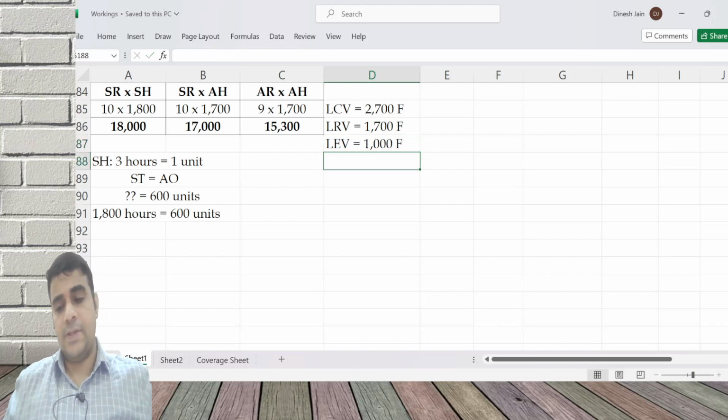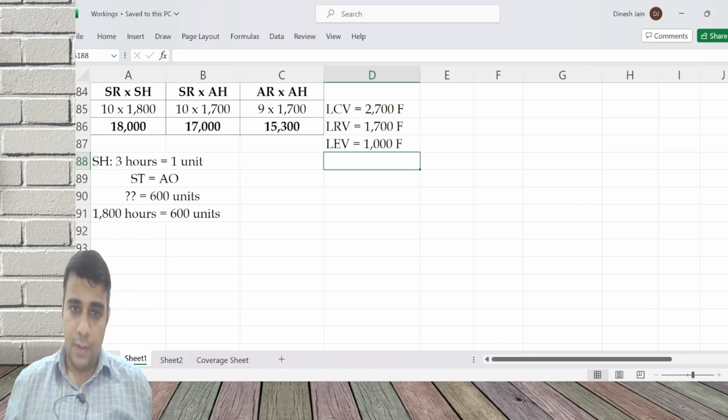You can copy paste these three. Labor cost variance 2700 favorable. Rate is 1700 favorable. Efficiency is 1000 favorable. Cost variance, rate variance, and efficiency variance: 2700, 1700, and 1000.